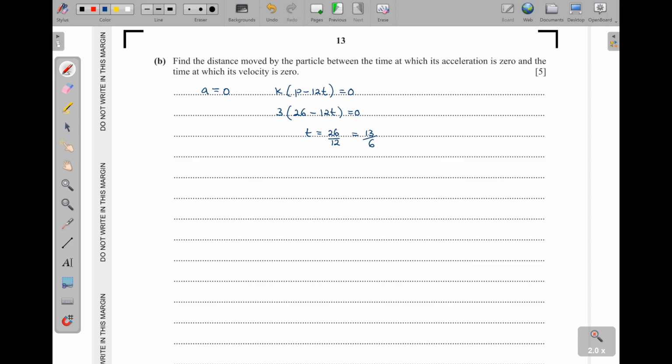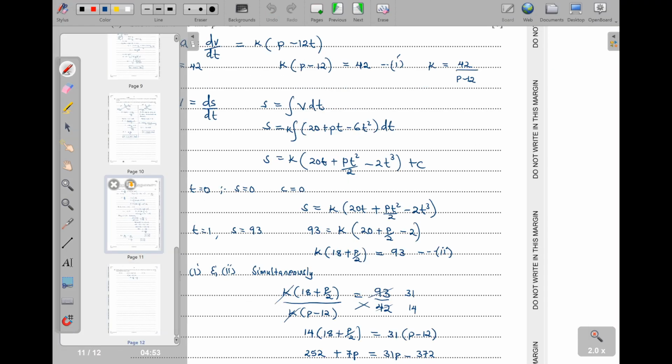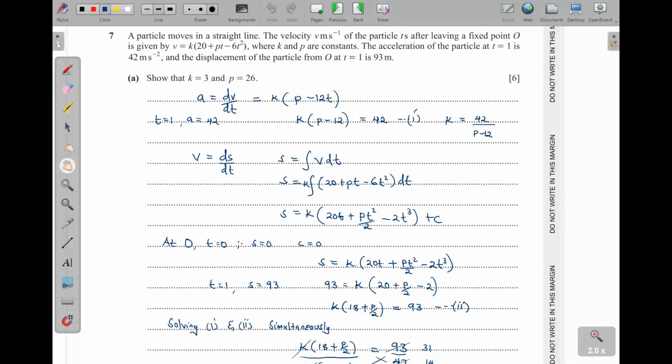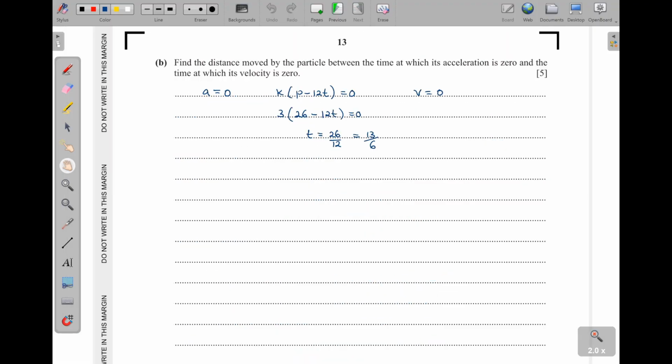Also, when v is equal to 0, what is our v? The expression for v is the one they gave here: k into 20 plus pt minus 6t squared. So k into 20 plus pt minus 6t squared is equal to 0.